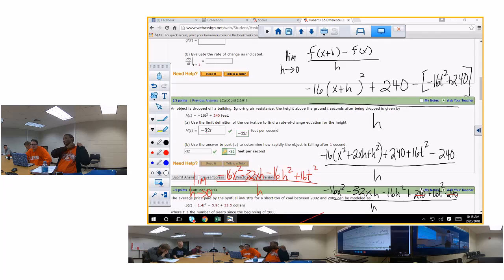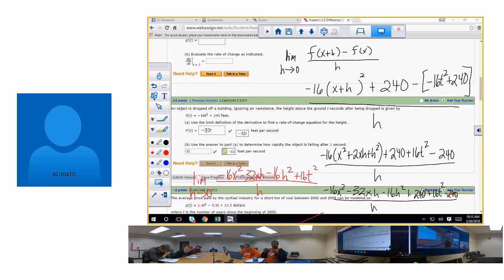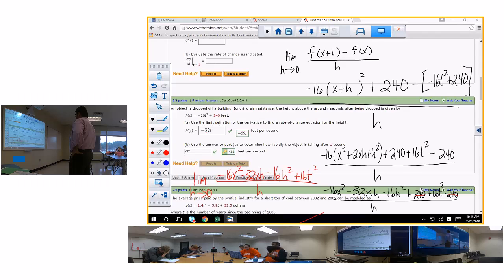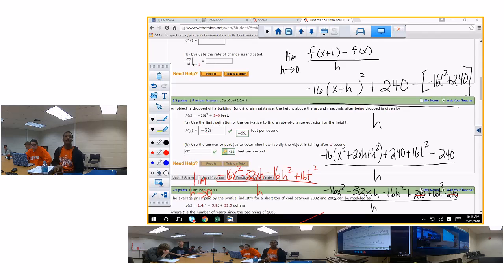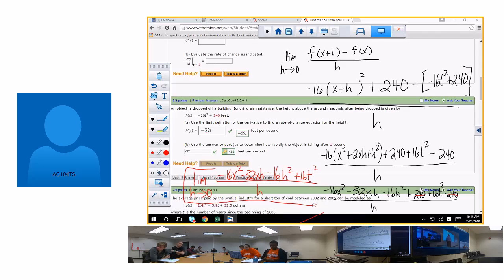I'm making sure, I'm going through and doing the algebra in my head. 16x squared, negative 32, negative 16h squared. That's negative 16h squared. Plus 240, minus 240, plus 16t squared. See this right here, okay, I'm going to keep going here. Just keep going and don't worry about it.